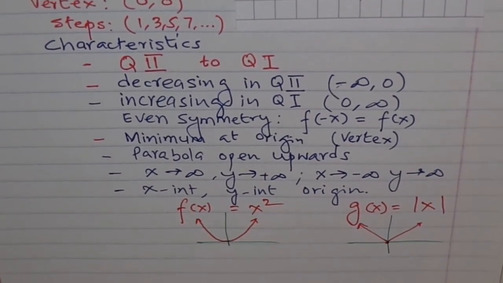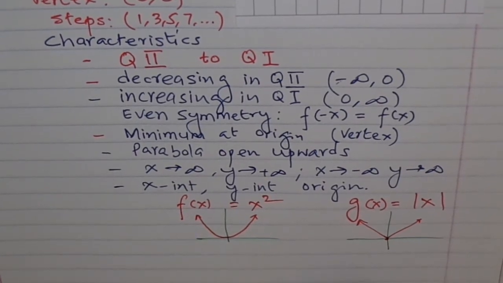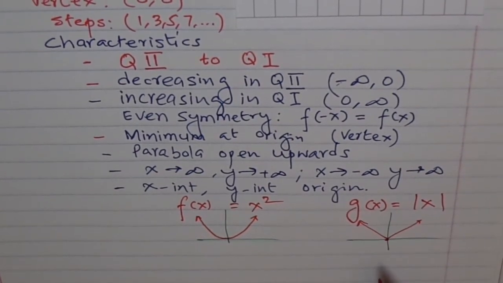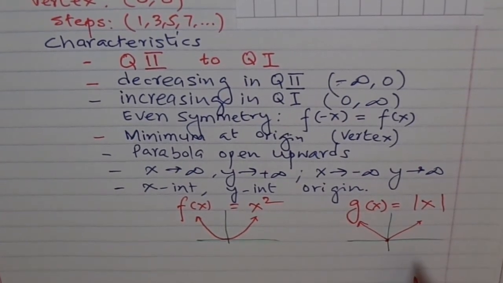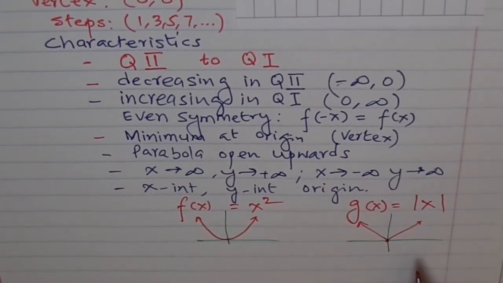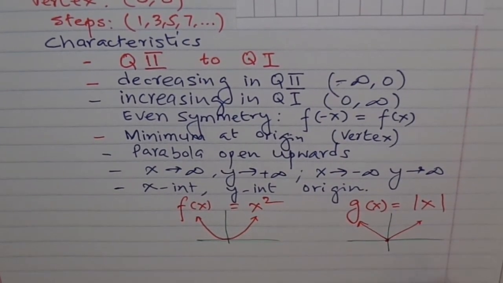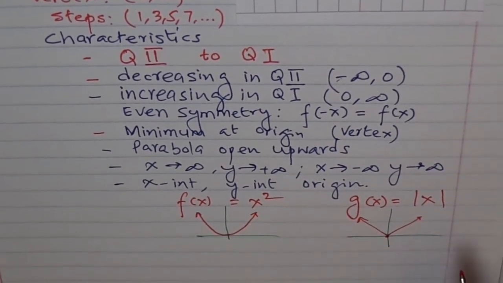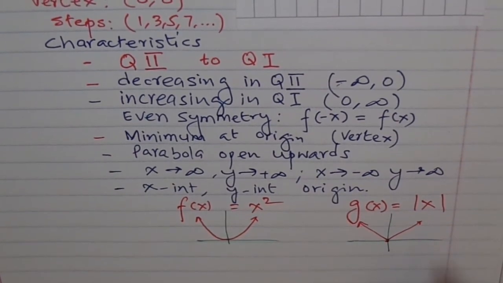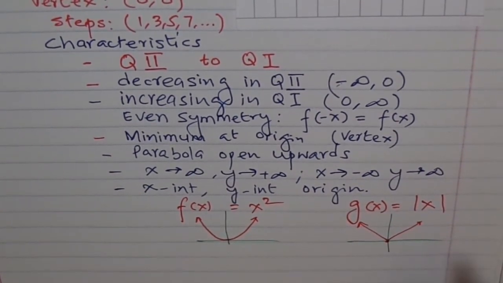Okay. Now, is there any other function which is even? These two are even functions amongst what you have read. Think about it. We know odd functions, but I don't think any other function being covered in parent functions is even. These are the only 2 even functions.